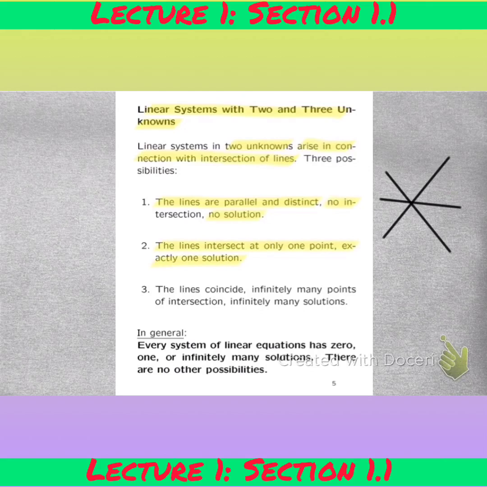Okay, now if the lines coincide, infinitely many points of intersection will mean infinitely many solutions. So there you've got your 3 lines and they coincide. Basically you can interpret them as being the same line.